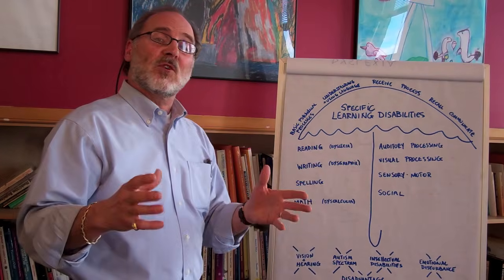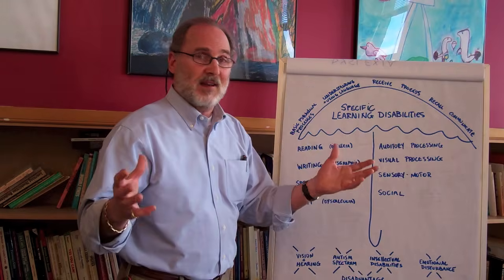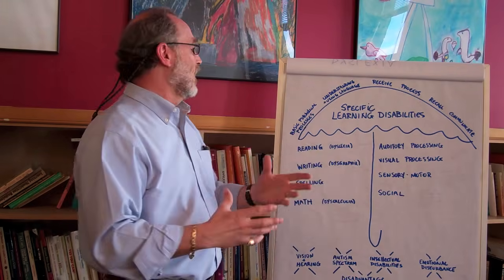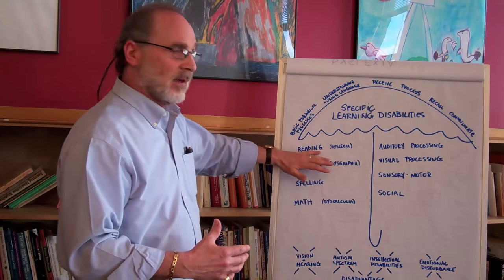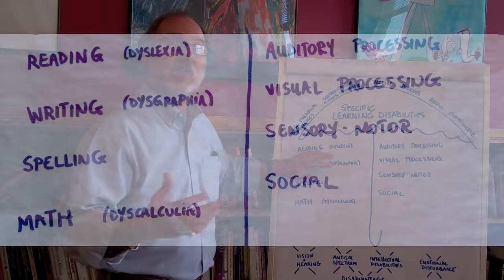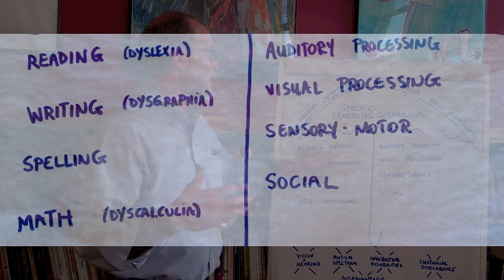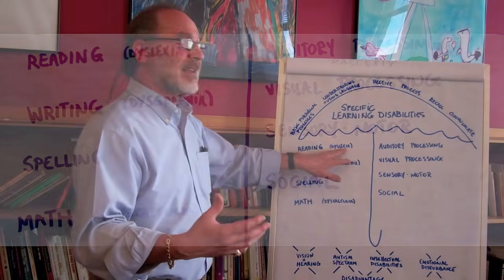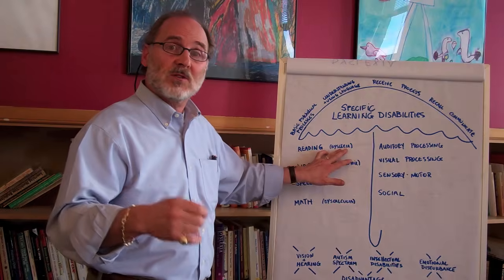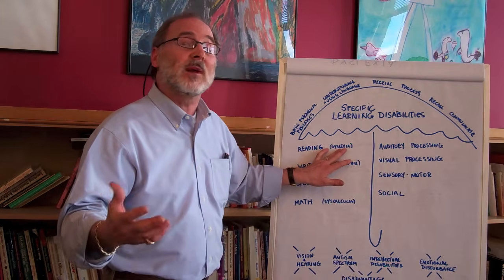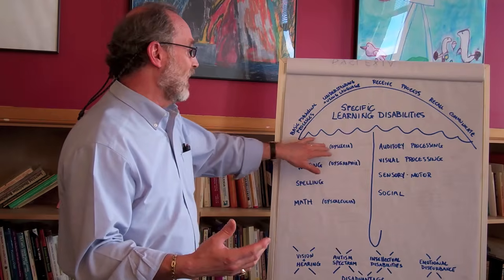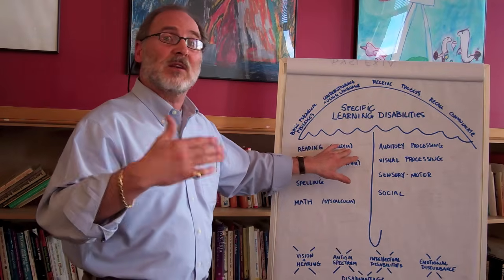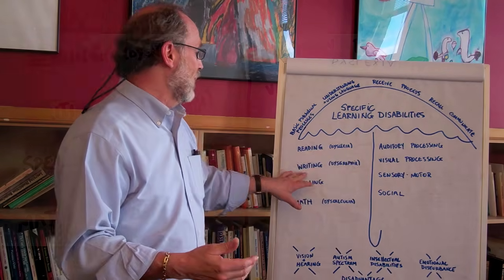Within the specific learning disability definition, and under that umbrella, we're talking about certain disorders that impact reading. So, for example, a learning disability in reading is often referred to as dyslexia. And dyslexia isn't just reading words, it's also the ability to understand what you're reading, it's also the speed and the accuracy with which you read. So reading, dyslexia, specific learning disability in reading.